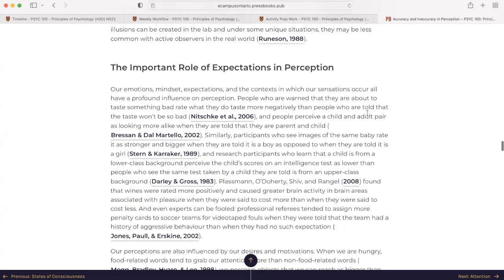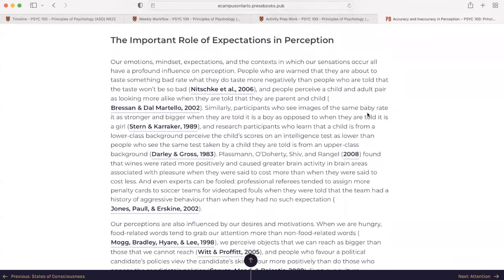Now we're going to move on to the important role of expectations in perception. Our emotions, mindset, expectations, and the context in which our sensations occur all have profound influence on perception. People who are warned that they are about to taste something bad rate what they do taste more negatively than people who are told that the taste won't be so bad.